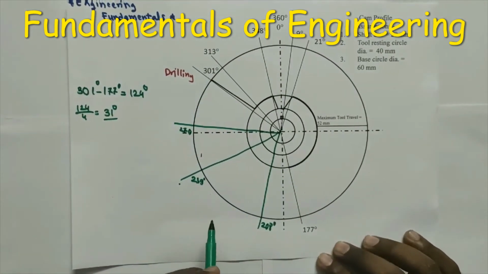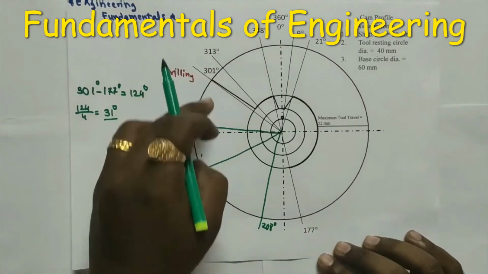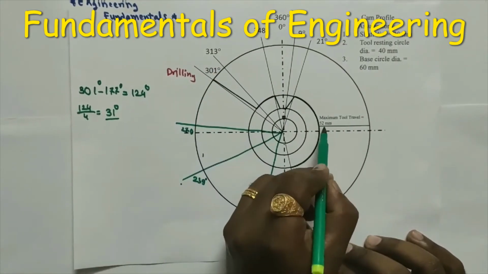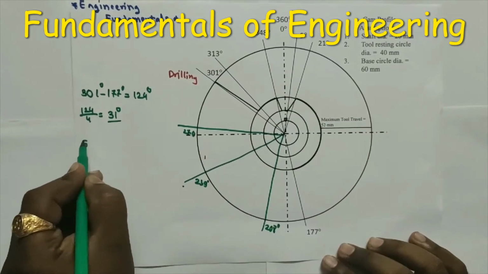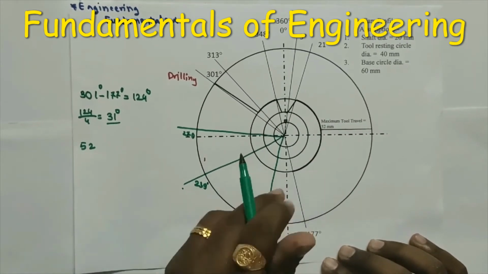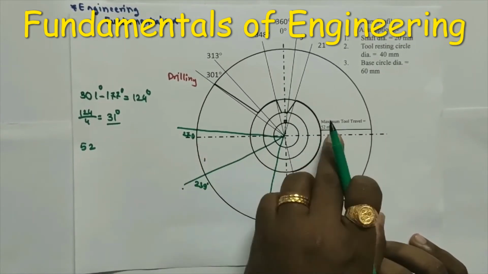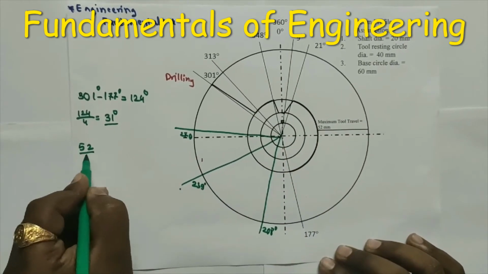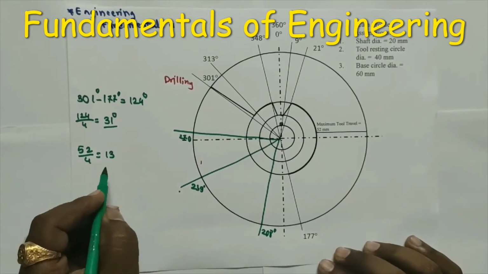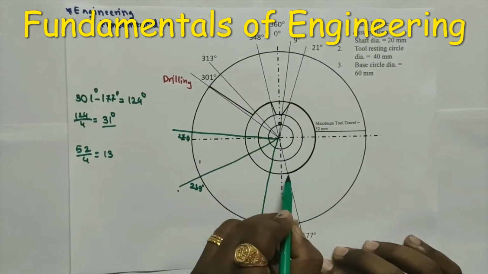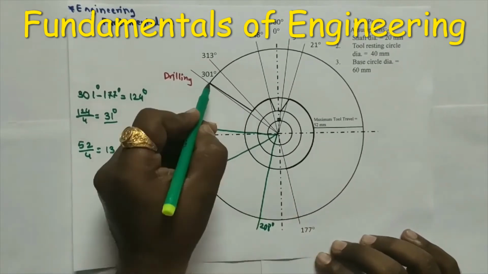In the same way, when we draw the rise of the cam profile, it covers the tool path of 52 mm. This 52 mm we also divide into 4 parts, so each is 13 mm. Suppose this is the initial position and this is the final position.